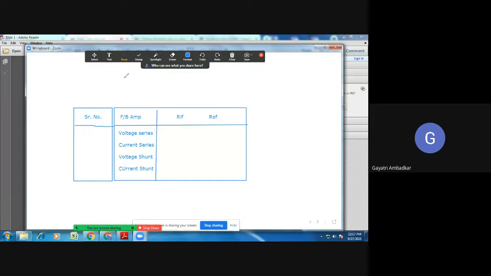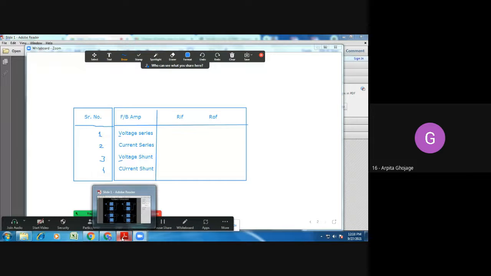Fine. So whenever voltage is sampled, how is the connection at the output side? Whenever my first word is voltage, I will come to know that the output connection is shunt. Clear? Is it clear? Everybody? Yes, ma'am.